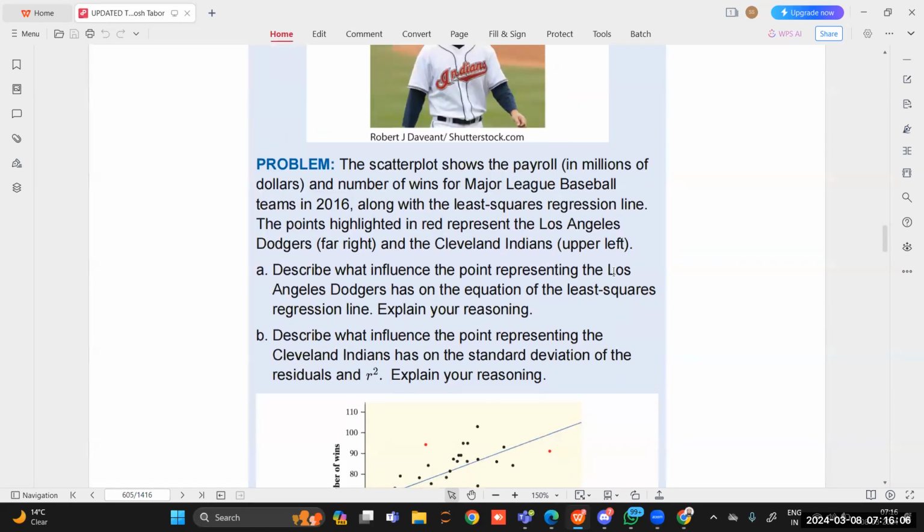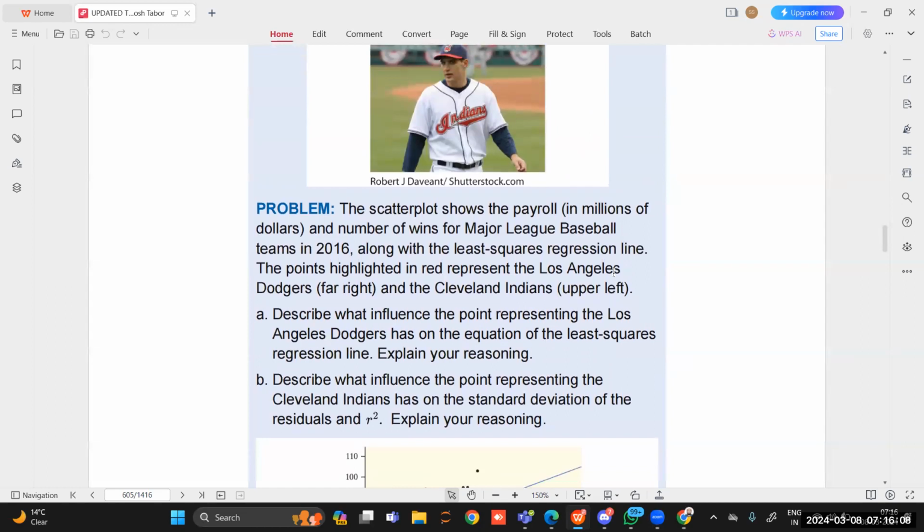So this is an example. Come on, read it. We'll do this and we'll stop. Come on, read this. I'm not sure. I don't see the graph.